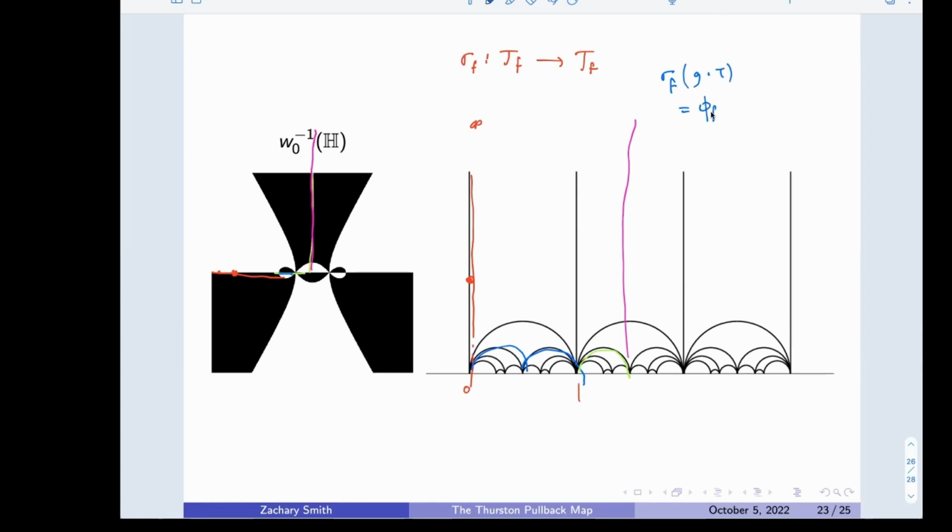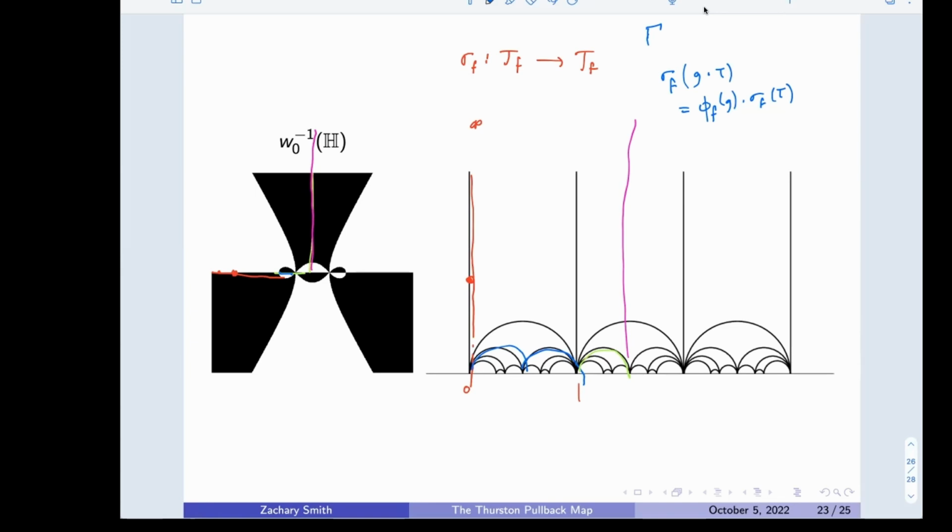So let me write it down again. We're acting by a group gamma. It's a subgroup of SL2Z. It's going to be a finite index subgroup, which means it's going to be a Fuchsian group, if you're familiar with the theory of Fuchsian groups.